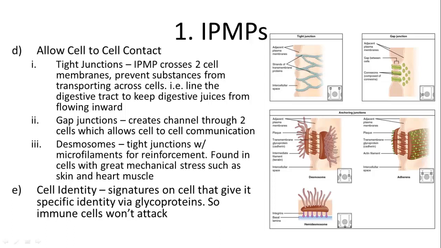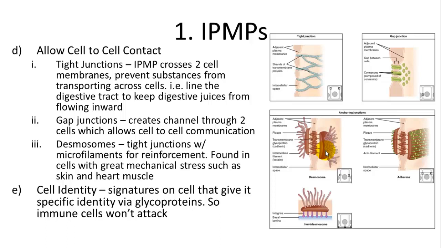And then we have desmosomes, and desmosomes are kind of like tight junctions in that they're fastening 2 cells together, but they are more for structural support. So you may have a tissue that experiences a lot of traumatic force, such as the heart cells, which are constantly beating.